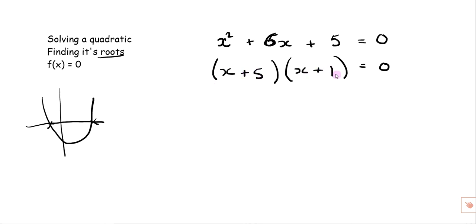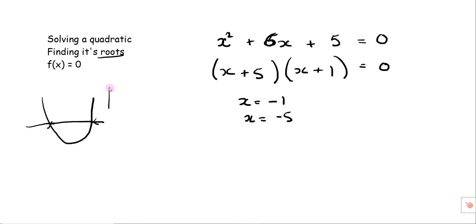Okay. Alright, so what are the solutions? What are the roots? x equals -1 and x equals -5. So what are the coordinates of the 2 points? Actually my axis here shouldn't be there.